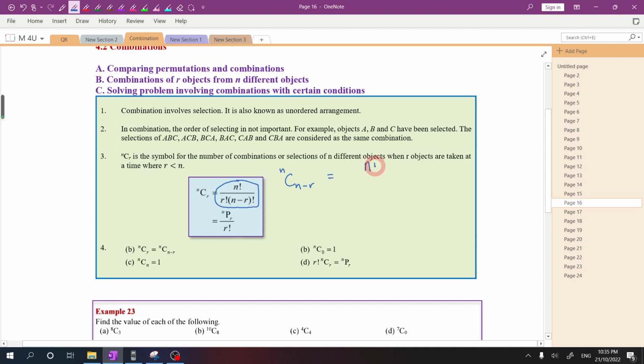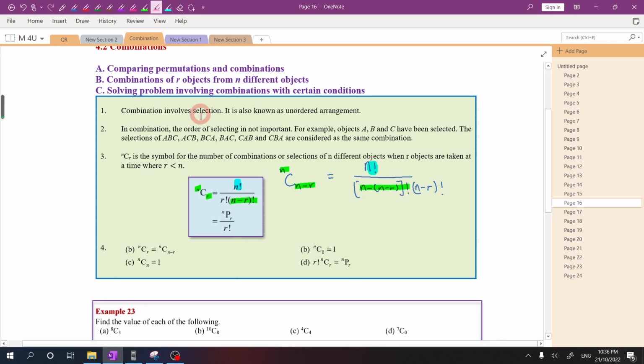So it will be n factorial over n minus (n minus r), the whole thing in parentheses, factorial. Okay, this is this. Let me erase this one first. And then for this part, we take n minus r, which is this part.